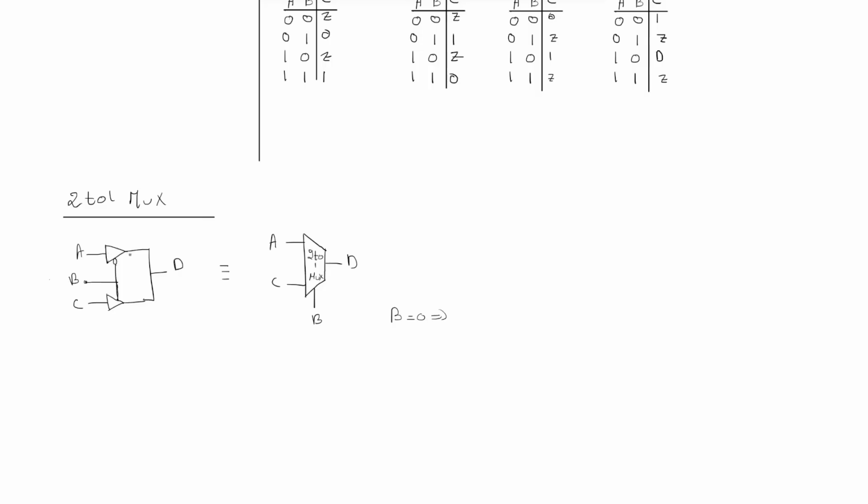So that means we are transferring A to the output D. So A is equal to D. When B is 1, we have a bubble here, so the output here will be 0. So we have an open circuit at the top buffer, and then here we have 1. So we are transferring C to the output D. So in this case, D is equal to C. So this is the same as a 2-to-1 MUX.